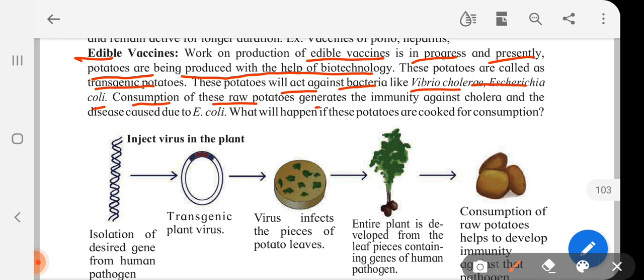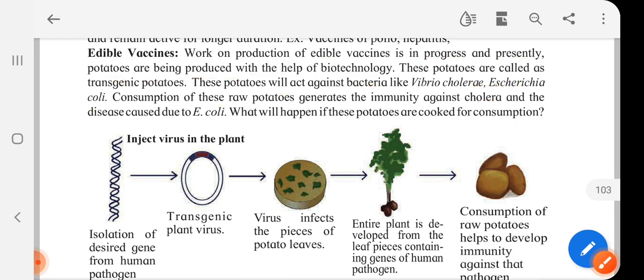Consumption of these raw potatoes generates immunity against cholera and the disease caused by E. coli. What will happen if these potatoes are cooked for consumption? So students, these edible vaccines are produced with the help of biotechnology and now they are experimenting with this on potatoes. So these potatoes are called transgenic potatoes. They act against bacteria like Vibrio cholerae and Escherichia coli, the bacteria which produce these diseases.